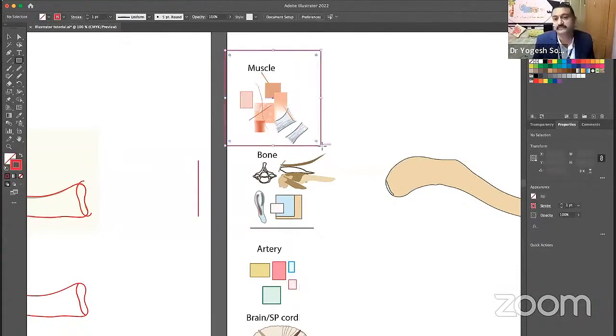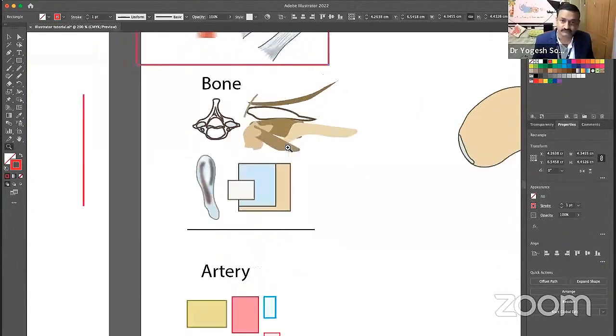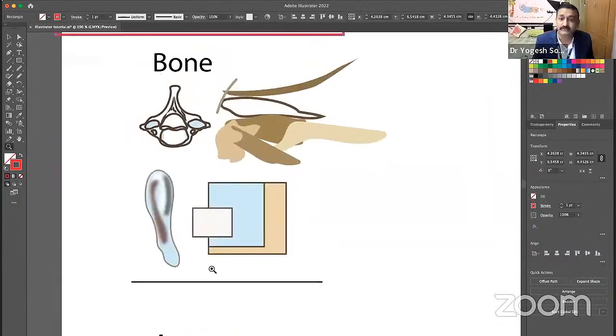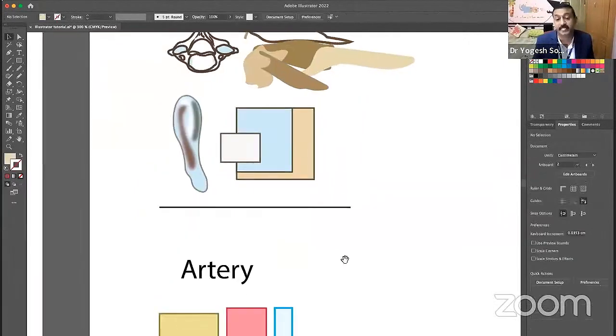And these colors I am going to use for the muscle, for lining the muscle, for shading the muscle, and for drawing the tendon. These are the colors which I am using for the bones. This is the bone color, this is the cartilage color, cartilage shading, and these are the colors which I am going to use for the muscles, bone shading.